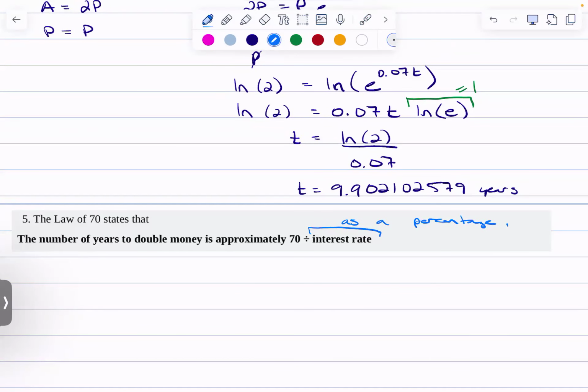Technically, it's the natural log of 2 divided by the rate as a decimal, but that's just not as catchy.